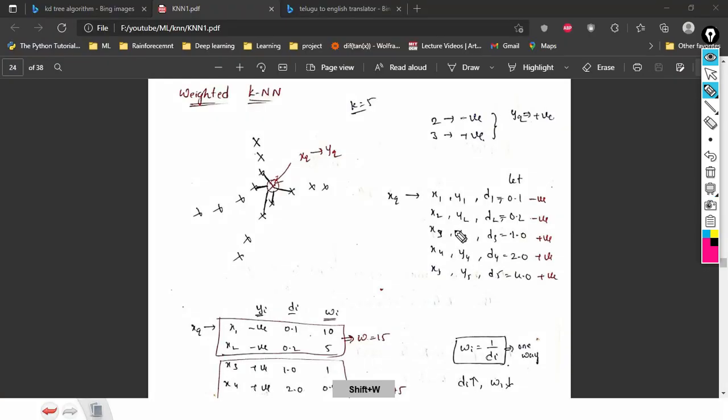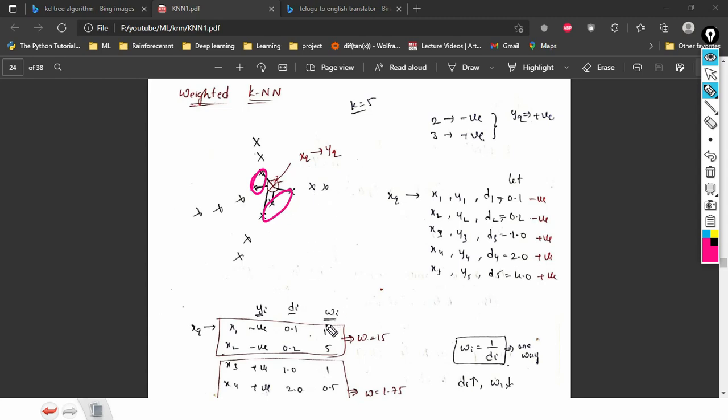Now we'll see with an example. Here it was the same thing. This is the query point. These 3 points are one class, and these are all another class. But when k equal to 5, it gets two classes: 2 points from this class and 3 points from this class.